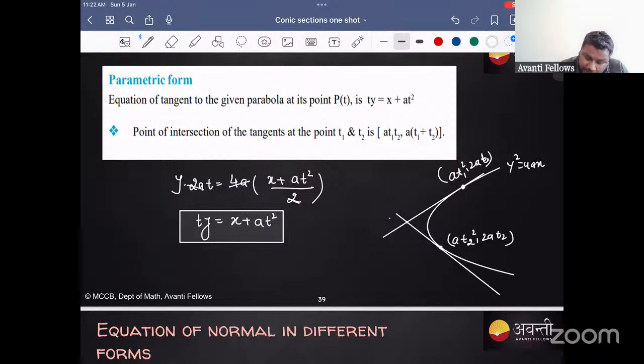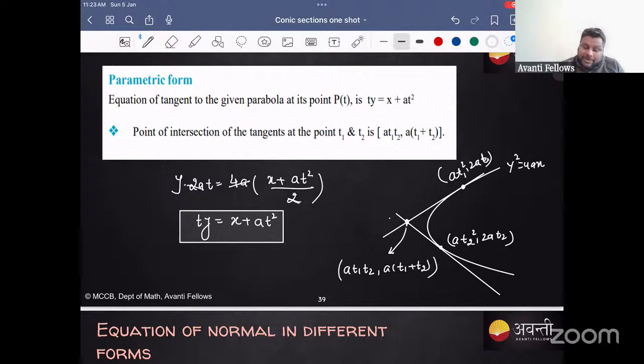The point of intersection of these tangents will be (a t1 t2, a(t1 plus t2)).